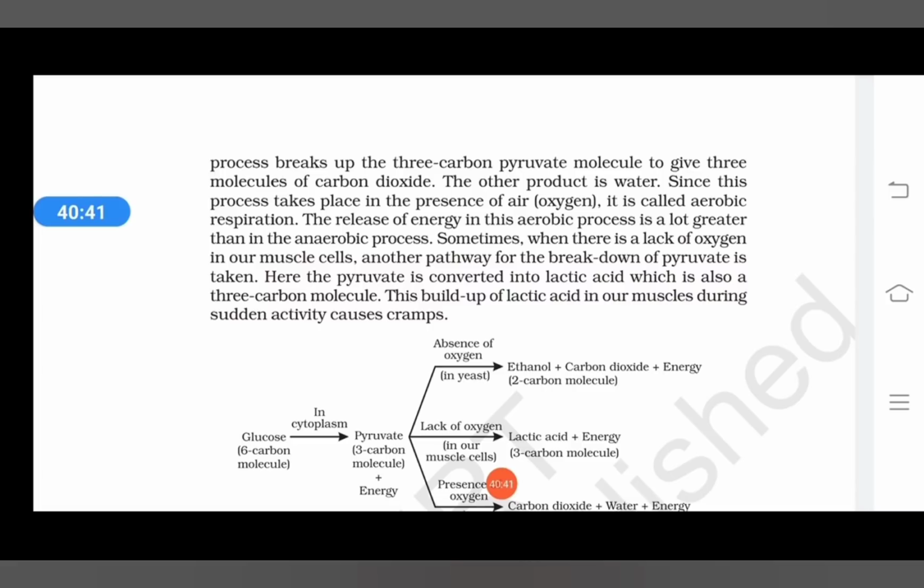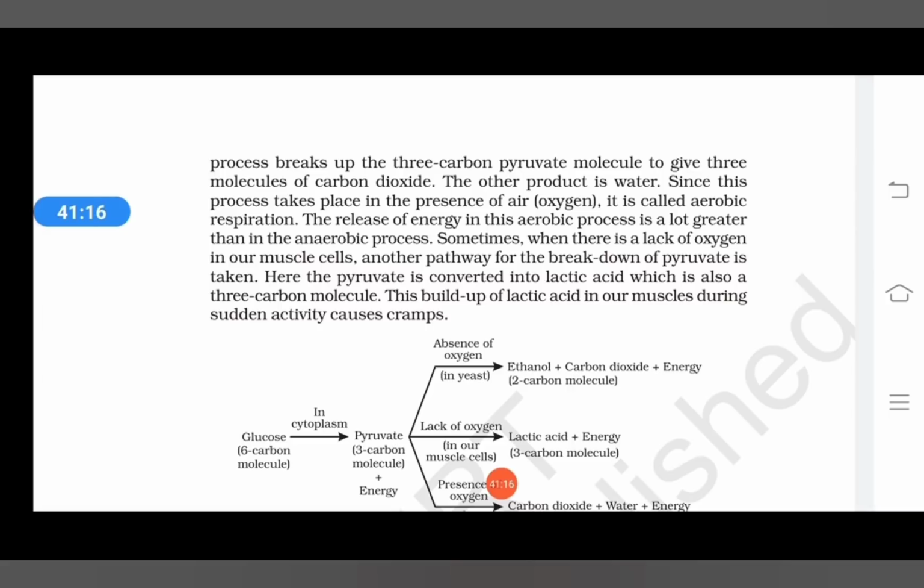The other product is water. Since this process takes place in the presence of air or oxygen, it is called aerobic respiration. So remember aerobic and anaerobic. The energy release in this aerobic process is a lot greater than in the anaerobic process.